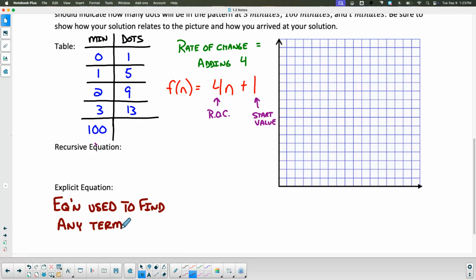Some people also might refer to the explicit equation as the rule. It's the rule of your sequence. It's how you find each and every one. In this particular case, it was 4n plus 1.